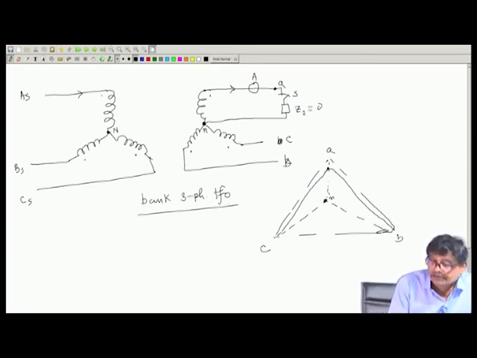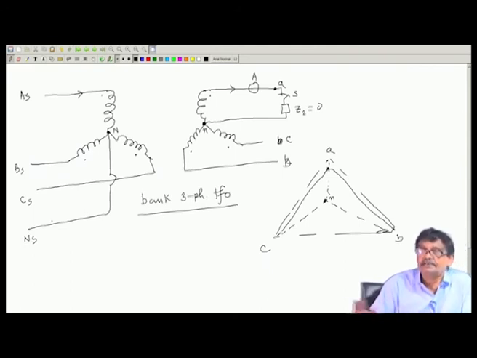But what happens if you connect the neutral to the source neutral? Next step, then try to load this? Fine, absolutely no problem. Load this, it will invite current, and that current will flow here. BC is not carrying any current, their MMFs in this line also will be 0, and everything is fine.